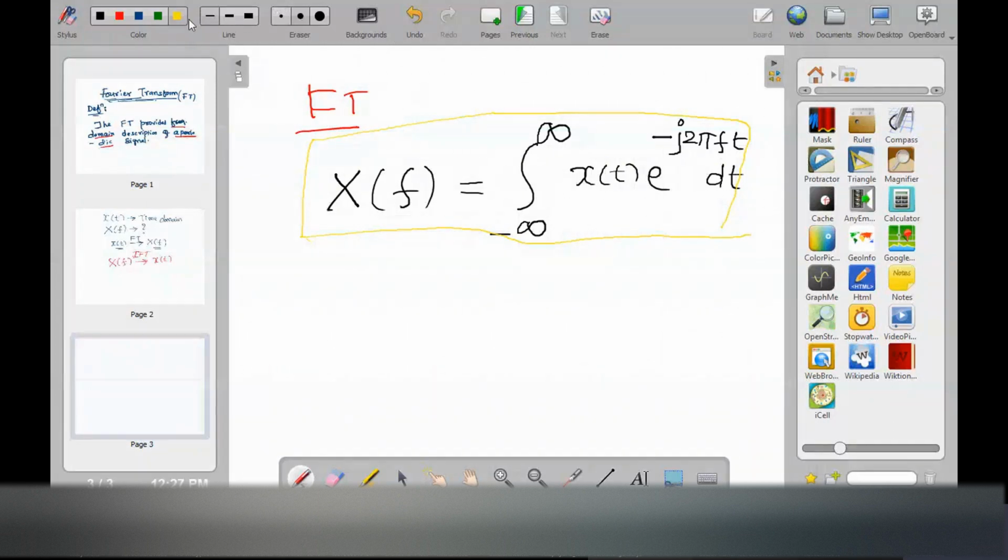Okay, so let me write one more equation which is used to calculate the inverse Fourier transform, IFT.